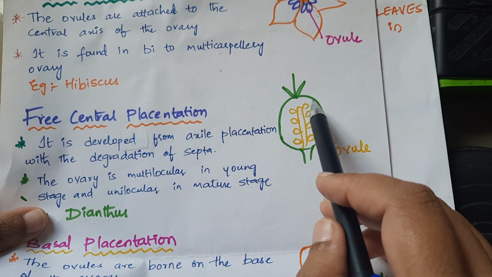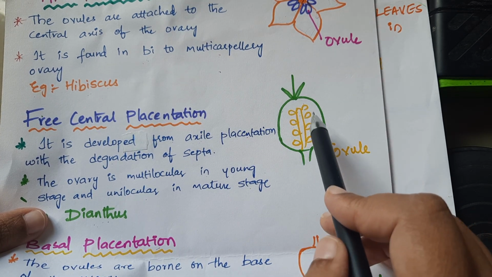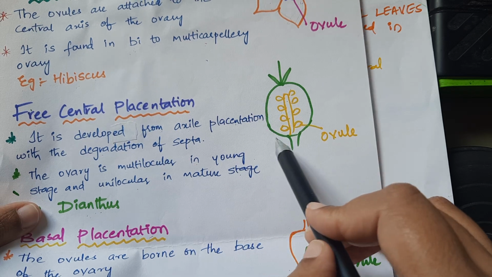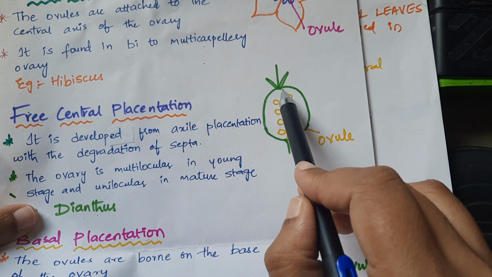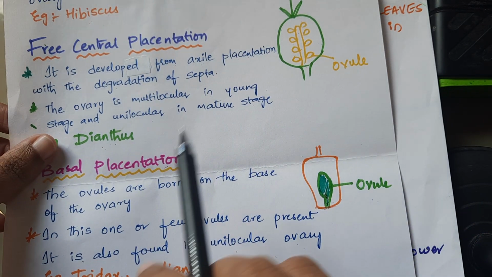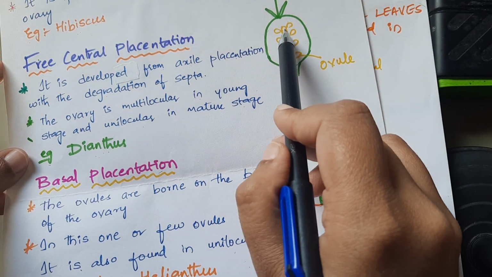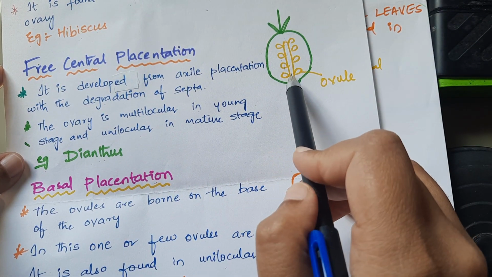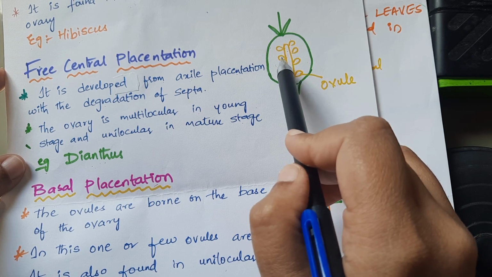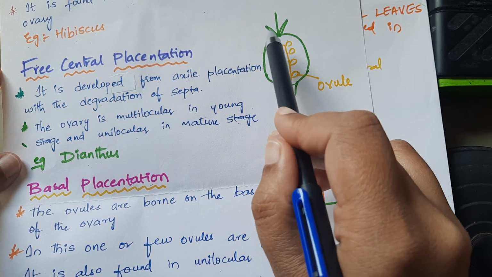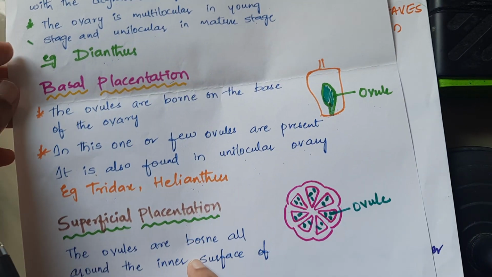So here the ovary is multilocular in the young stage, but at the later, mature stage it becomes unilocular. Example for this is dianthus. See here, from the central axis these ovules are arising. Now it is showing a single locule due to the degradation of the septa.